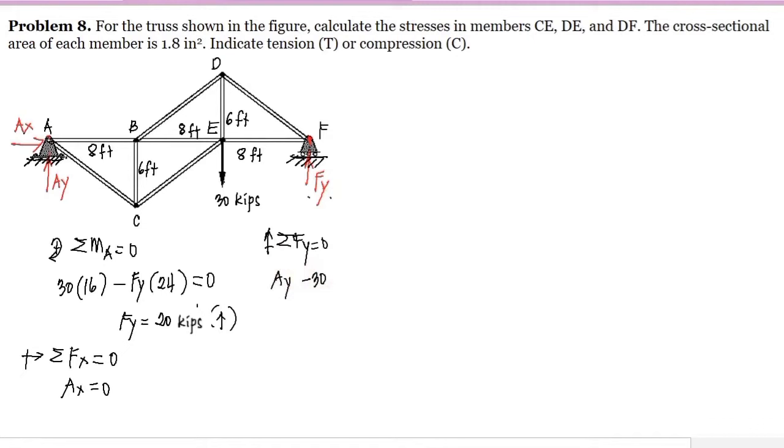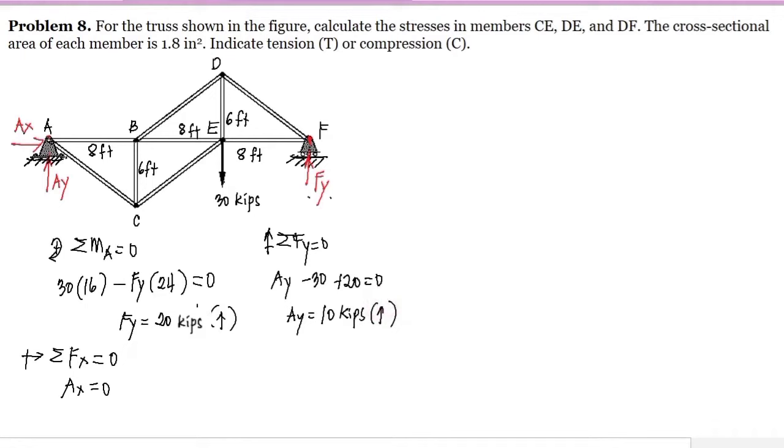Fy is upward, so that's positive 20, equal to 0. So solving for the value of Ay, that is equal to 10 kips. Since the answer is positive, meaning our assumption is correct that Ay is directed upward.